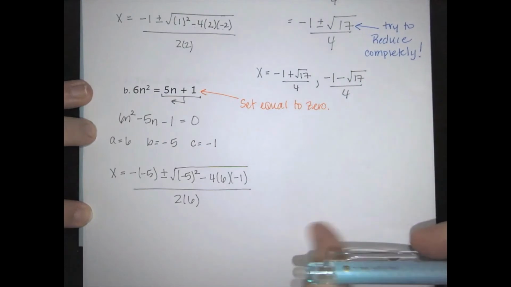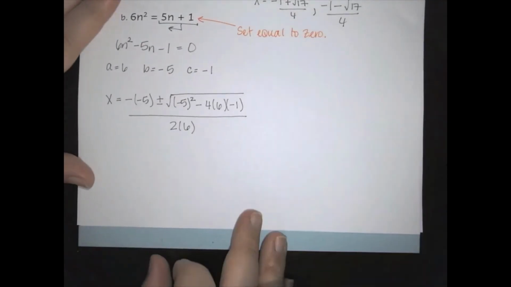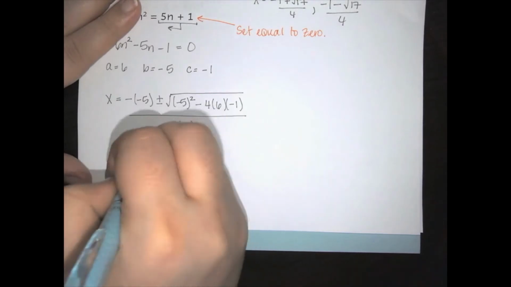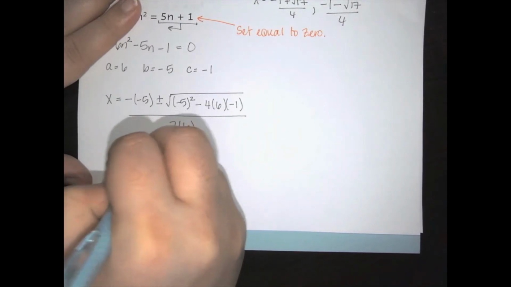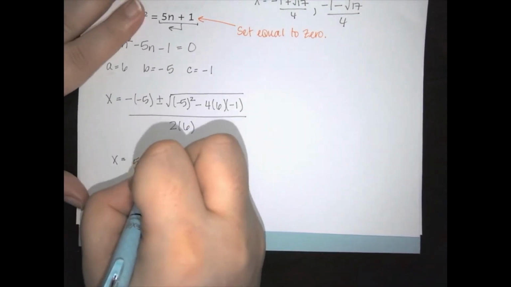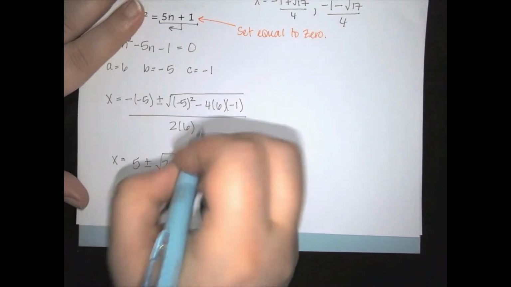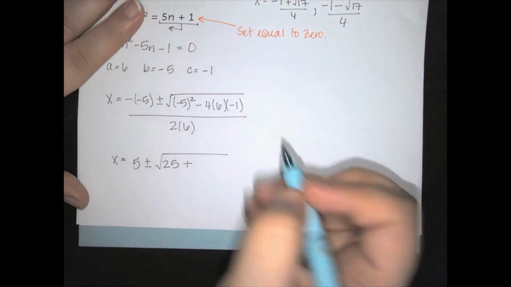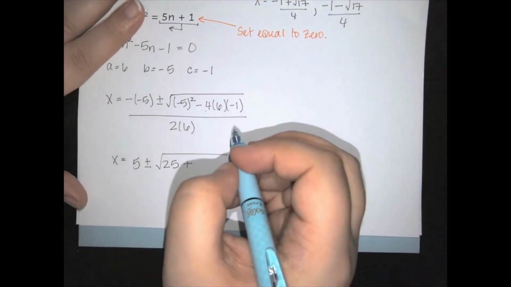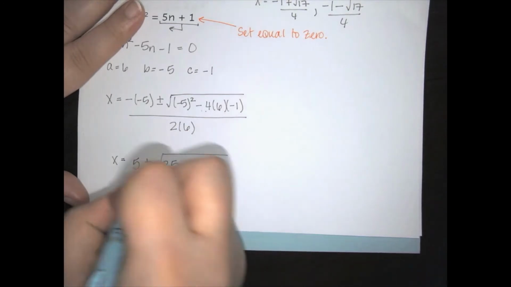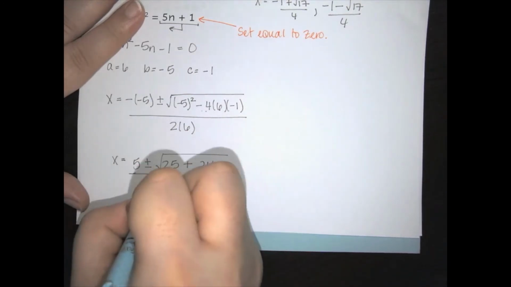So we can start reducing this. So here you're going to have that this is equal to 5 plus or minus the square root of 25. Negative times negative is positive. 6 and 4 is 24 times 1 is 24. And this whole thing is over 12.